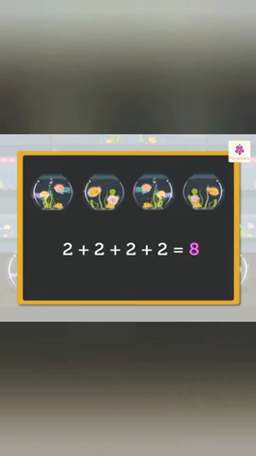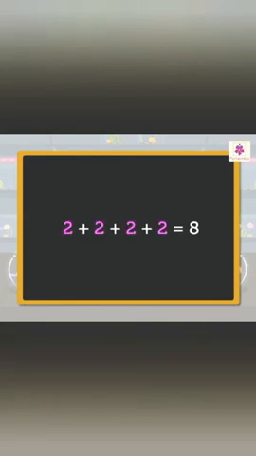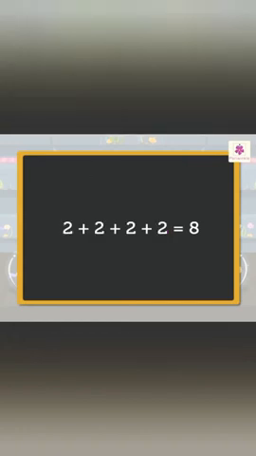There are 8 fish in all. Here, we repeatedly added 2, 4 times. This is called the multiplication operation. Multiplication is repeated addition.